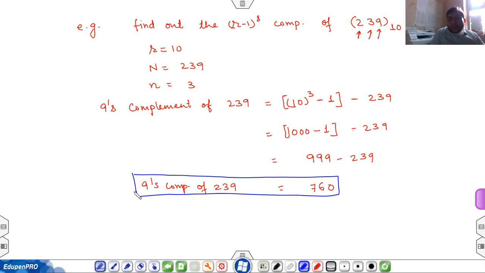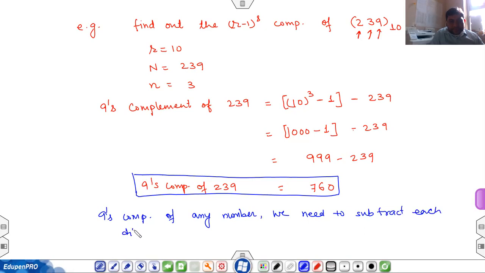But for now, we will use one trick here. Whenever we are calculating the nines complement of any number, what we need to do is subtract each digit of that number from 9.